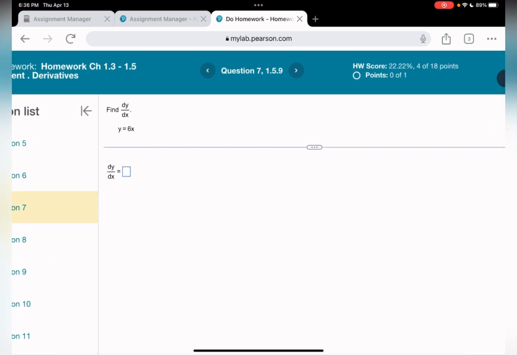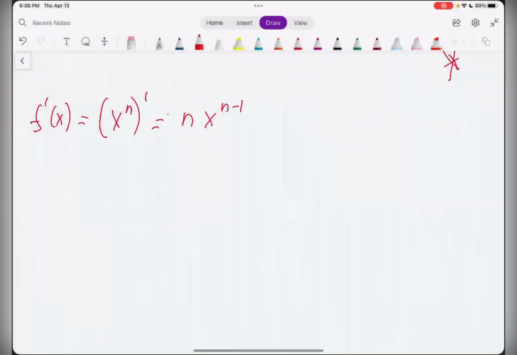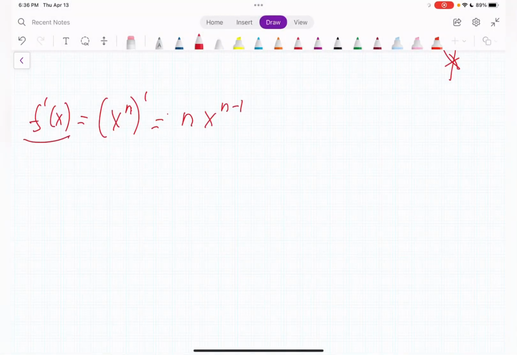dy dx. That's another way to write it. So f of x is one way. The other way is dy by dx. Okay, that's also the same thing, derivative.